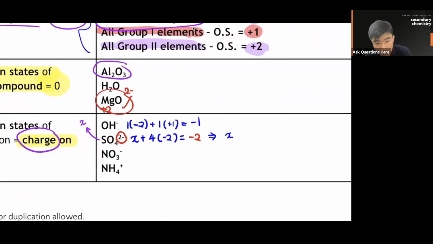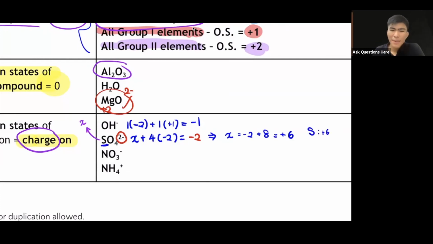X will be equal to minus 2 plus 8, sorry, it's not plus 6, it's plus 8. And this will give us positive 6. So now I can deduce the oxidation state of unusual elements. For example, for sulfur, now I know that the oxidation state is going to be plus 6.